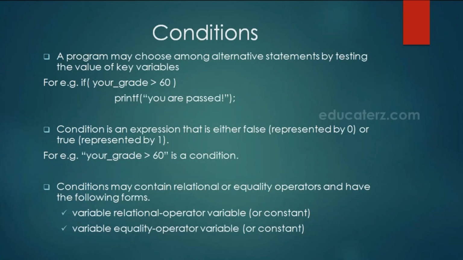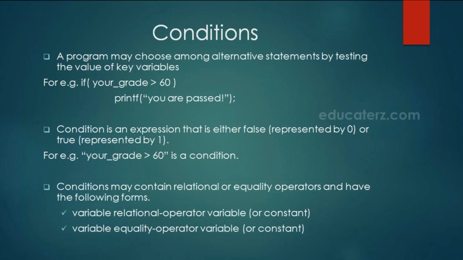Now what is a condition? A program may choose among alternative statements by testing the value of key variables. For example, if we want to find out whether a student passed the exam or not, we can have: if your grade is greater than 60, then we can conclude that you passed. Now a condition is an expression that is either false, represented by 0, or true, which can be represented by 1.